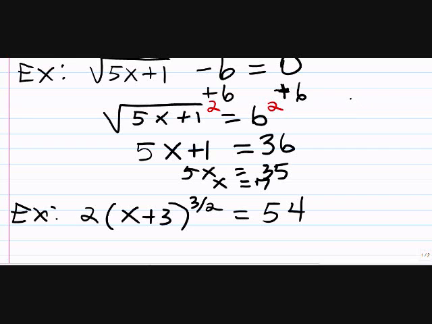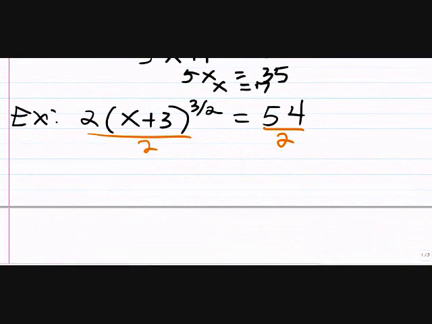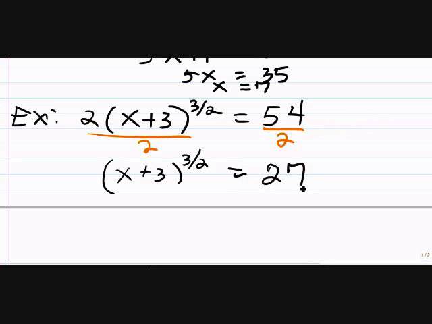So I will divide by 2 on both sides and get rid of that 2 and just get x plus 3 to the 3/2 power equals 27.